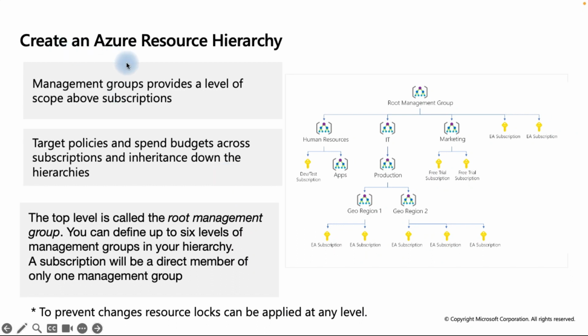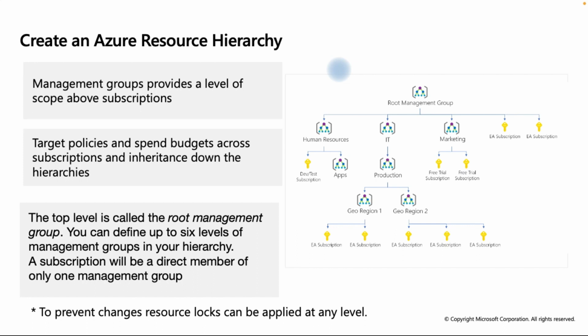So next topic, the Azure resource hierarchy. What is the Azure resource hierarchy? Let me give you one example. If you have only a few subscriptions, you have no issues, and you can easily manage and control them. Then you may have more subscription levels, and the resource hierarchy helps manage the resources.